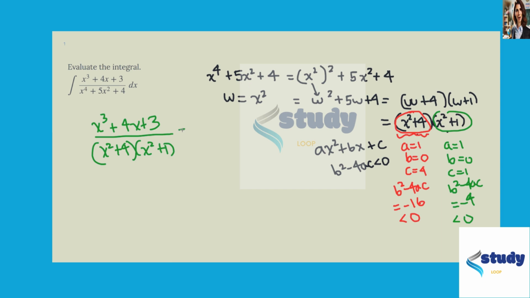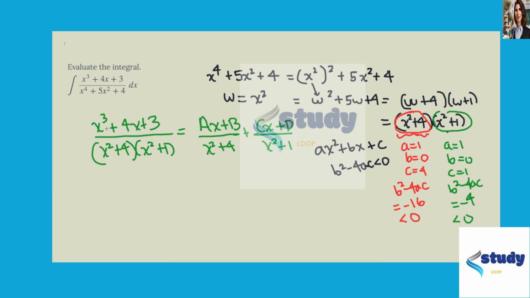And then using what the author calls case 3 in this section, where we have non-repeated, non-factoring quadratic polynomials in the denominator, we have a linear term up top, ax plus b over x squared plus 4, and then cx plus d over x squared plus 1. So that's our partial fraction decomposition, and the next steps will be to find a, b, c, and d.